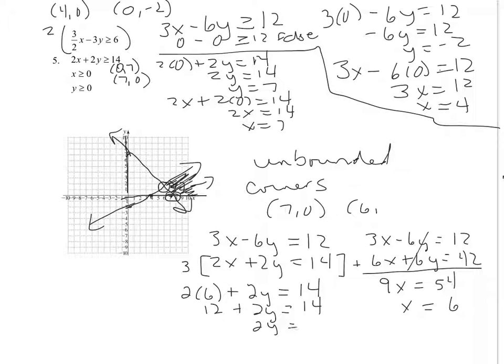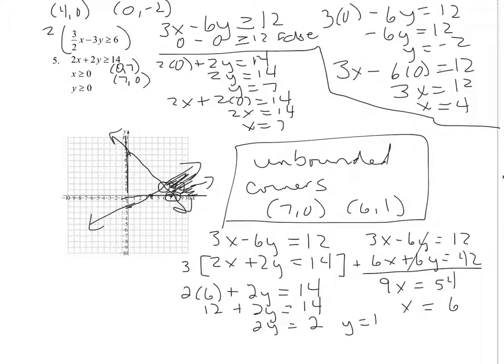That means 2y equals 2, and y would equal 1. And that does appear to be pretty close to where my intersection is. Remember, without using a ruler, I'm likely to be off a little bit. If you're using a straight edge and grid paper, you should be able to see yours more clearly.